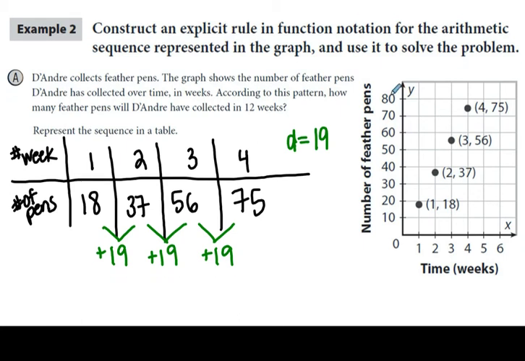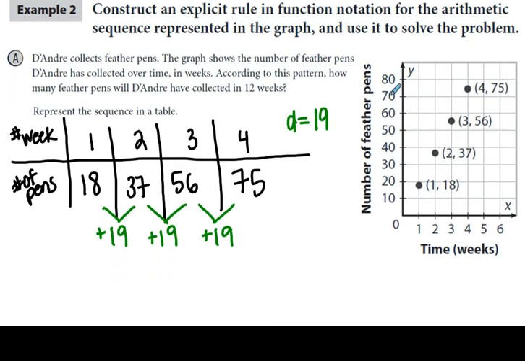We want to write this as an equation. The explicit equation is f of n equals the value of the first term plus the common difference times n minus 1.